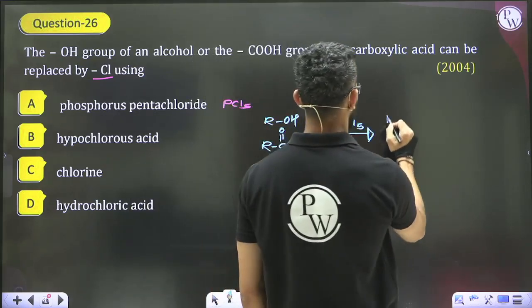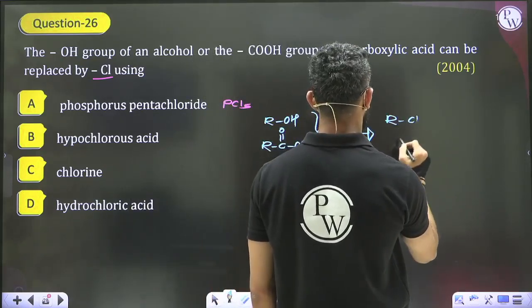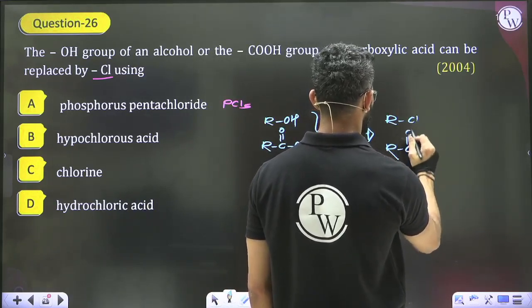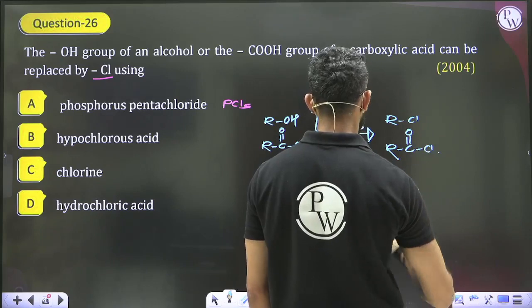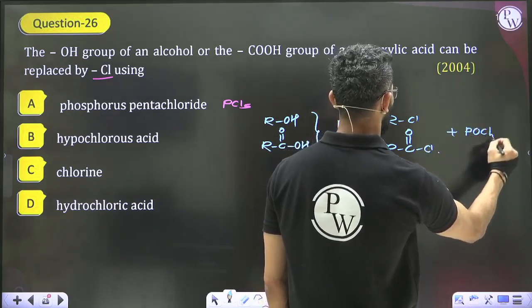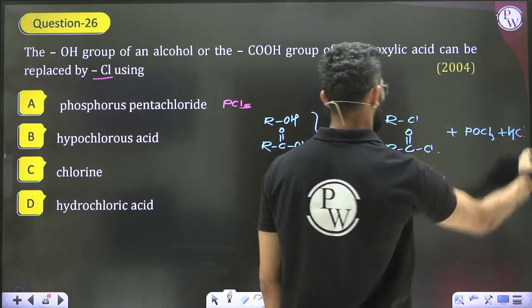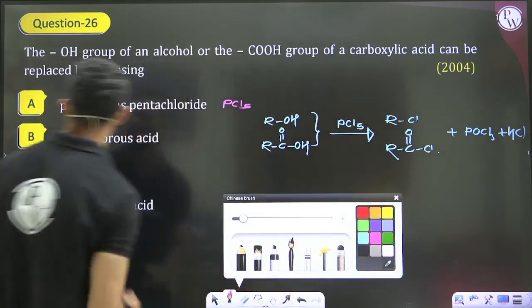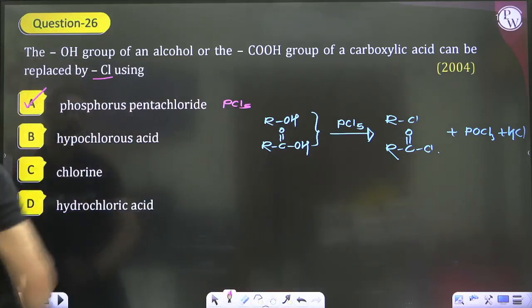So the product will be either RCl or RCOCl. And the byproduct is going to be POCl3 plus HCl. So among the options given, it's option A which is fitting well in this question.